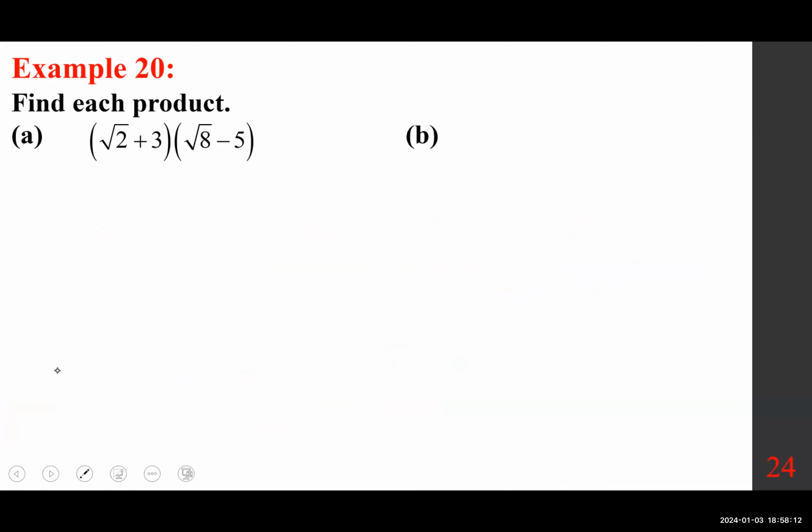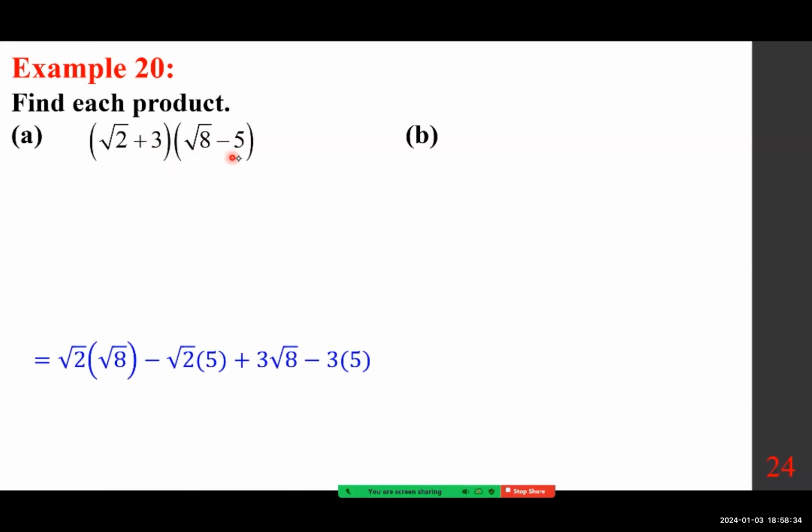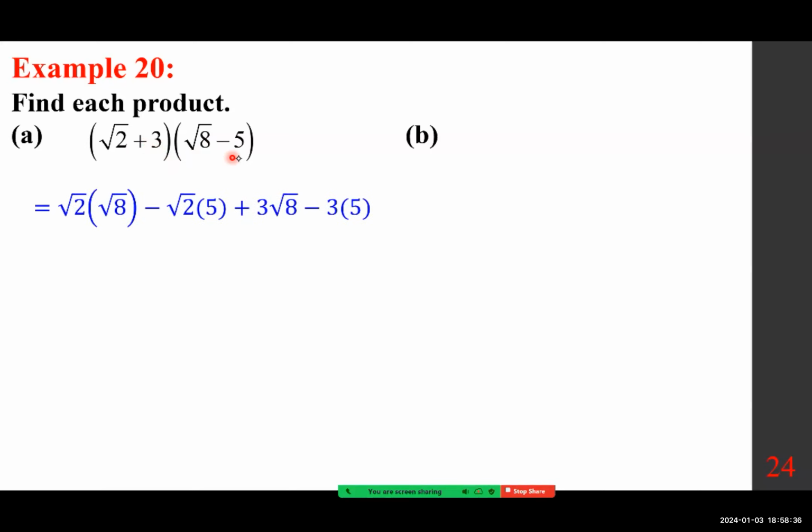We want to find the product, and all we have to do is FOIL. So multiply these two, square root of 2 times square root of 8. Multiply this, 2 square root of 2 times -5, these two 3 times square root of 8, these two 3 times -5. As you know, this is 16 and this is -15.